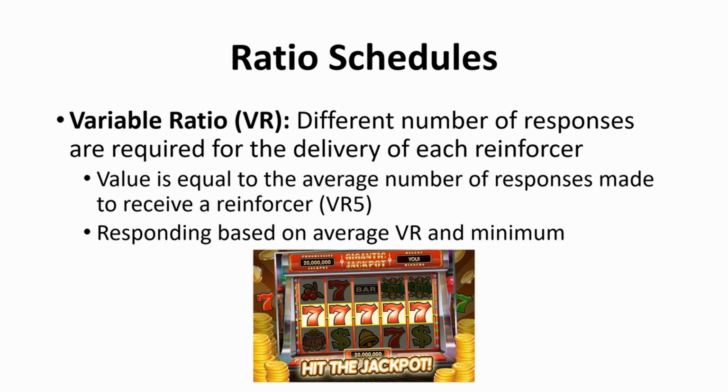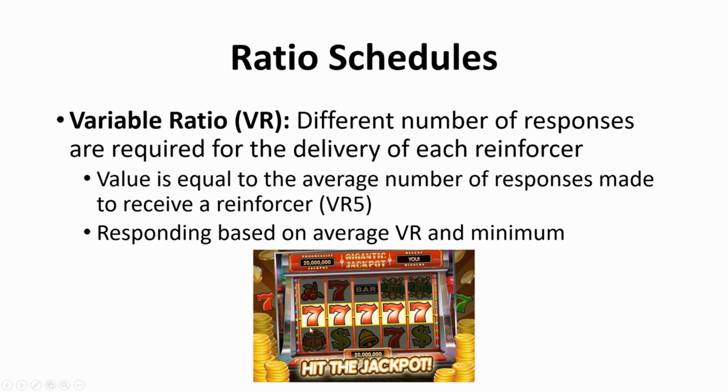So usually if we were describing a scenario and you had to identify that it was a variable ratio schedule, they would say that maybe every 10 times plus or minus a certain number, there would be reinforcement. That tells us that there's some variability and therefore it is a variable ratio schedule.